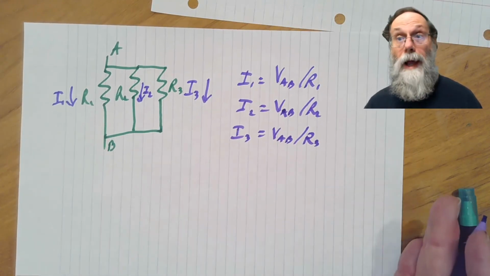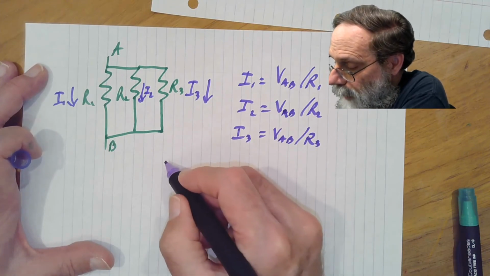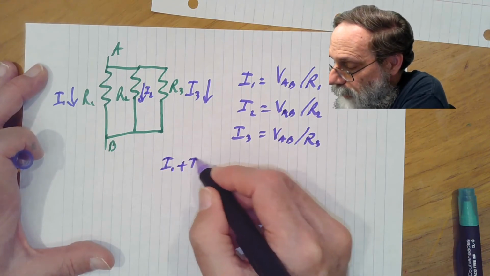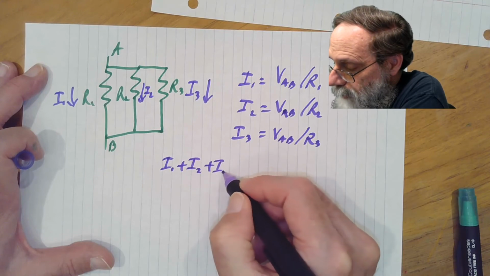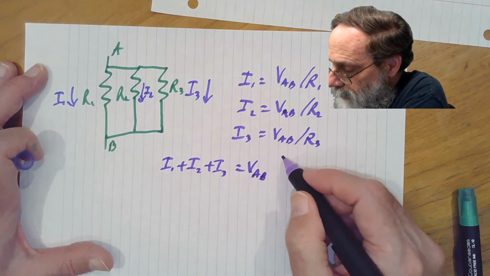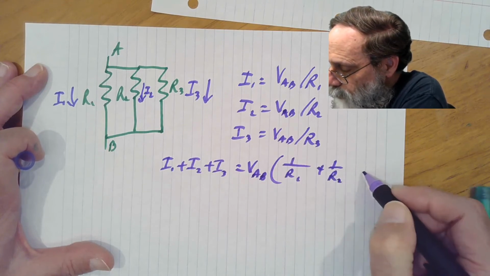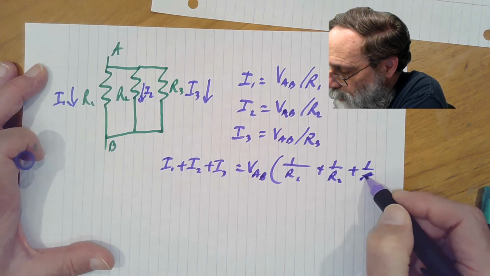We can again add, and we get that I1 plus I2 plus I3 is VAB times 1 over R1 plus 1 over R2 plus 1 over R3.